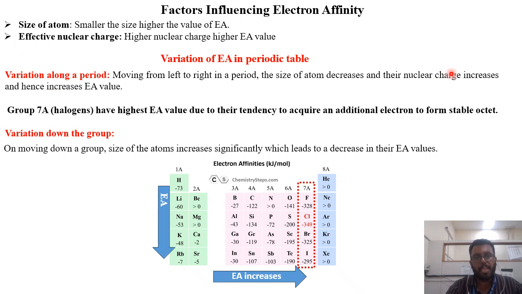That's why in the period it increases. And effective nuclear charge, same. Higher nuclear charge, higher electron affinity. Okay, variation along the period. So moving from left to right in the period, the size of the atom decreases and the nuclear charge increases.